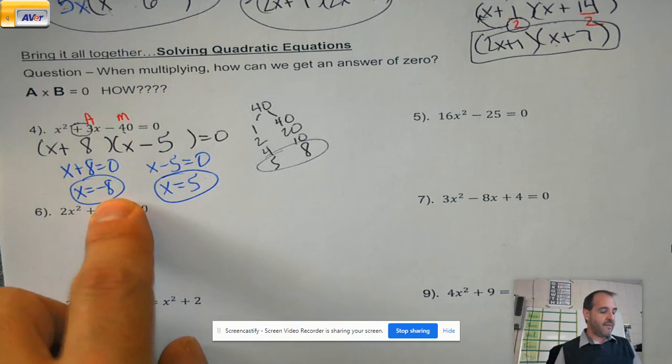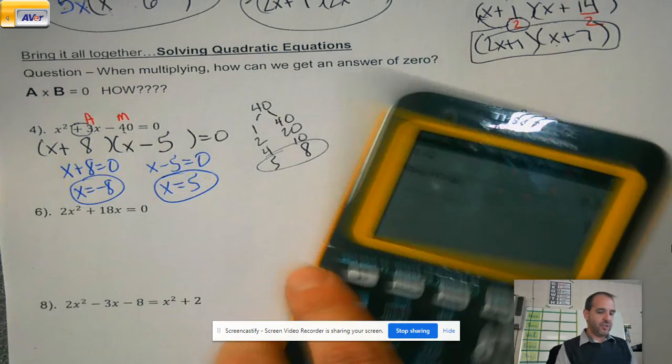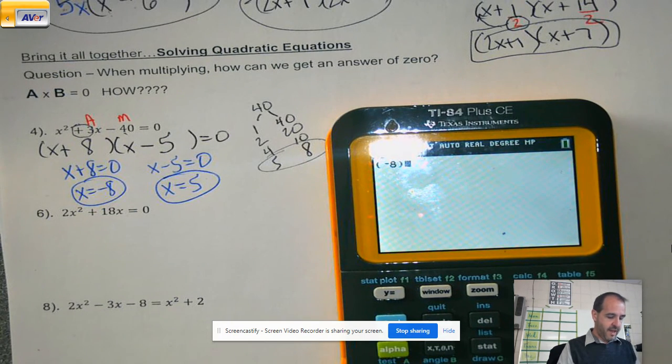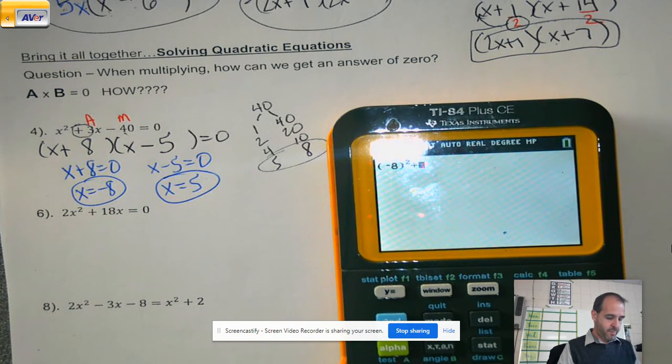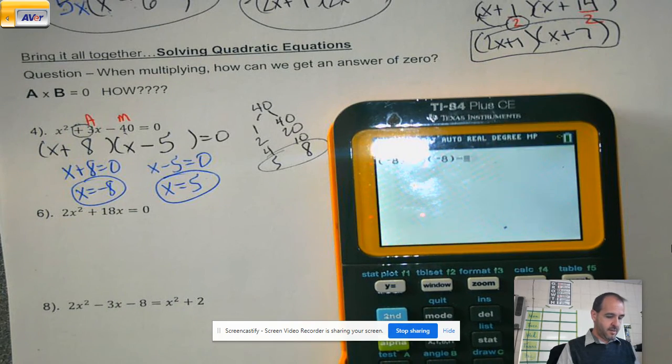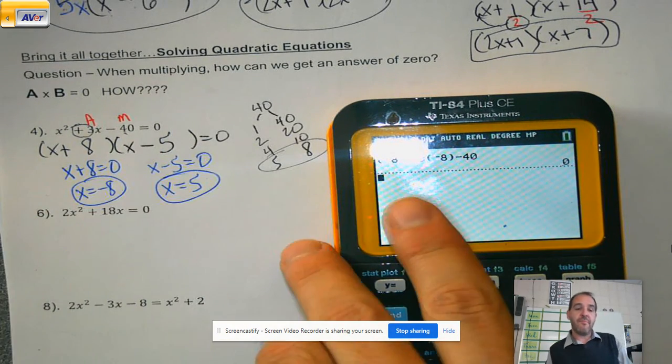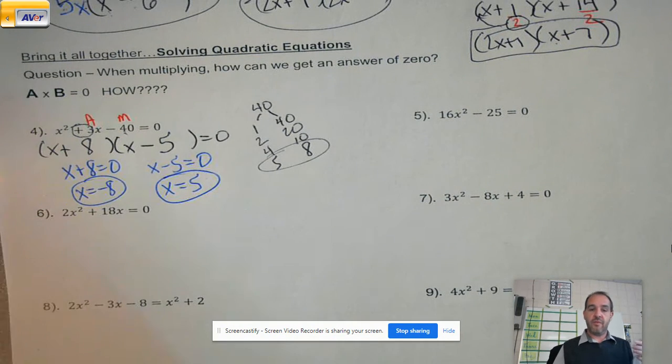Because if I plug -8 in for x in both of those places, I get 0. 0 equals 0. That's a true statement. And it would work for 5 as well.